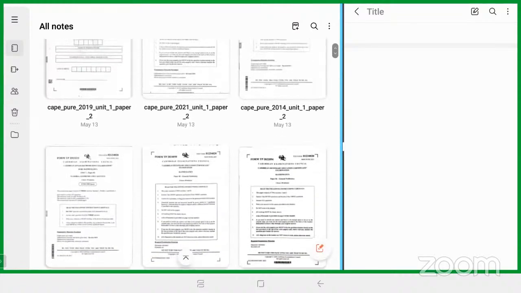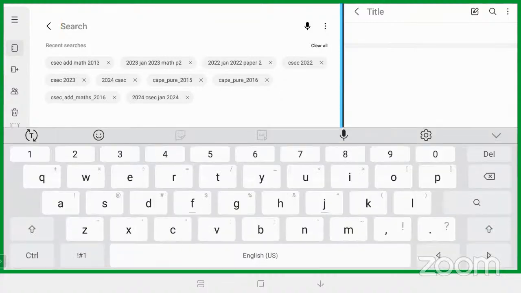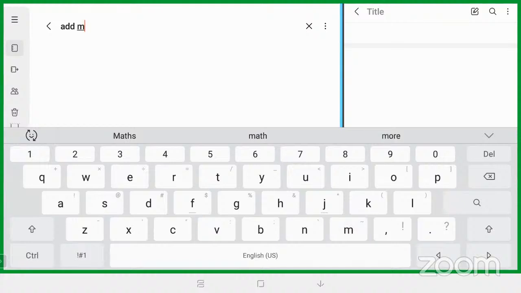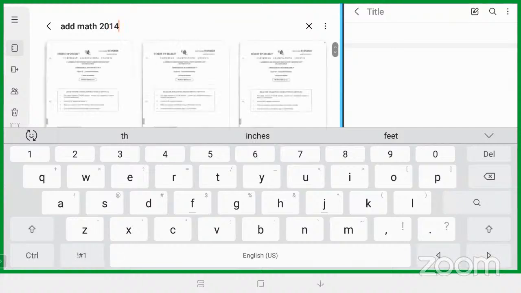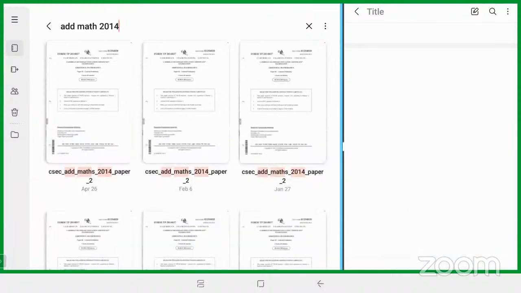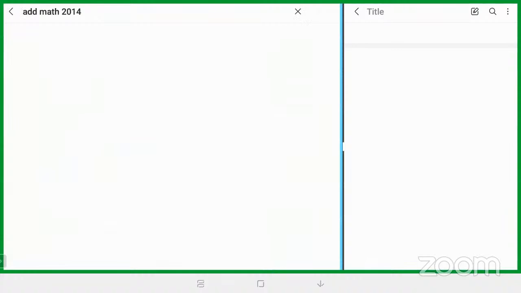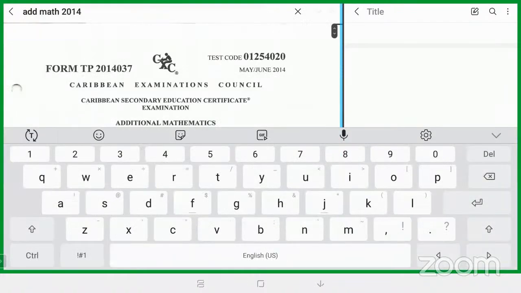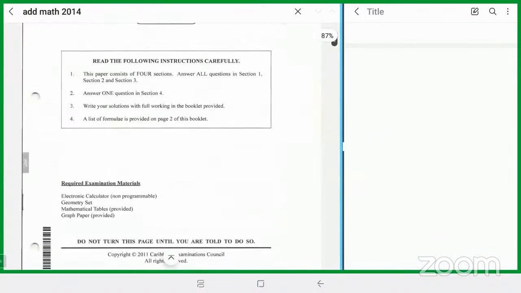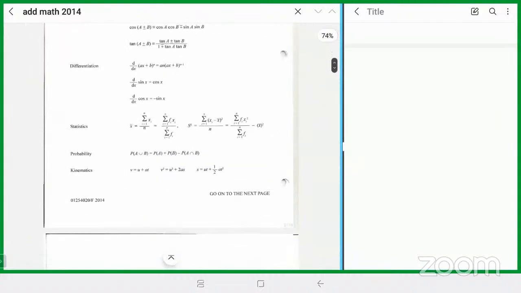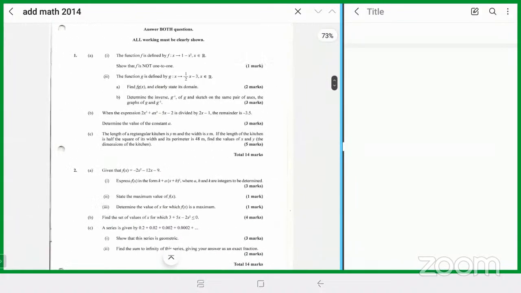Let me search for it. Not finding it. Yep, it's on here. Let me see. I can use it. Let's write on it. So there you go.